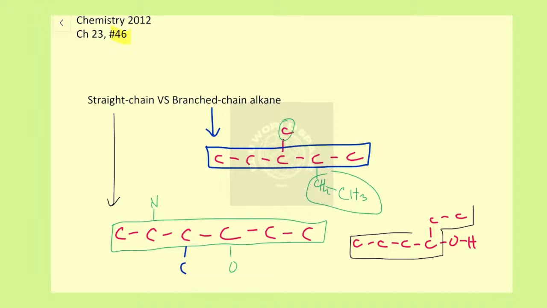Problem 47 is asking for us to differentiate an alkane and an alkyl group. An alkane is a molecule that contains only C-H bonds, and all are single bonds.